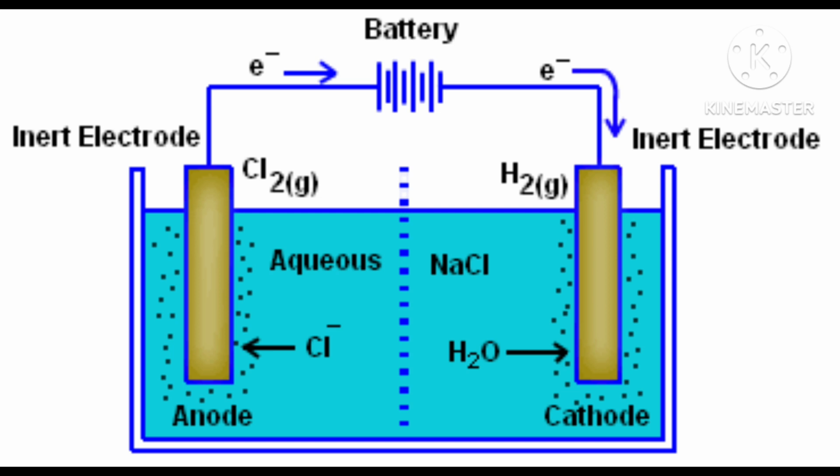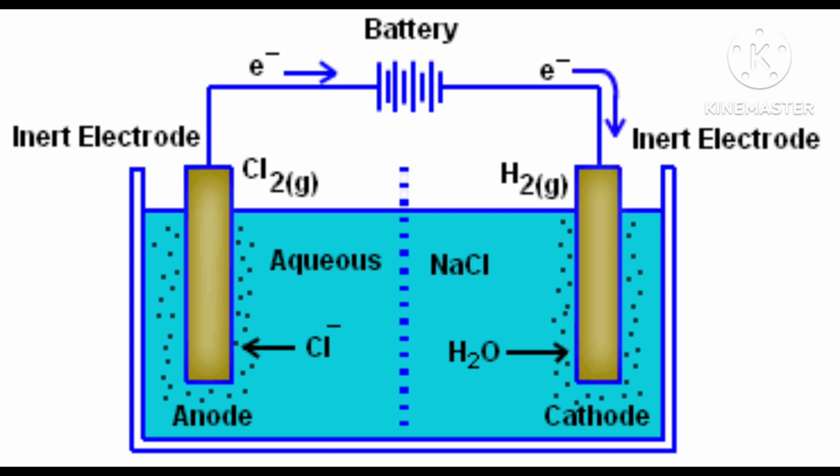So how much reaction will take place means the amount of chemical reaction which occurs at any electrode during electrolysis by a current is proportional to the quantity of electricity passed through the electrolyte.